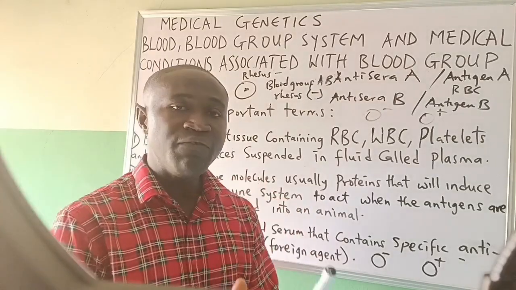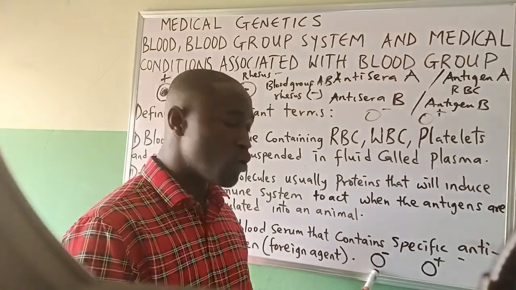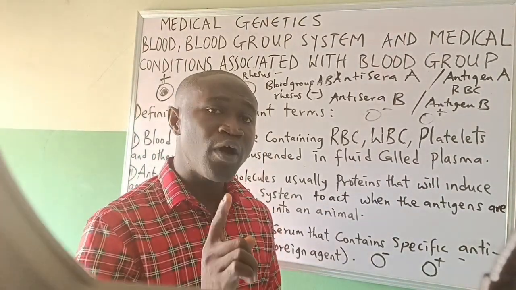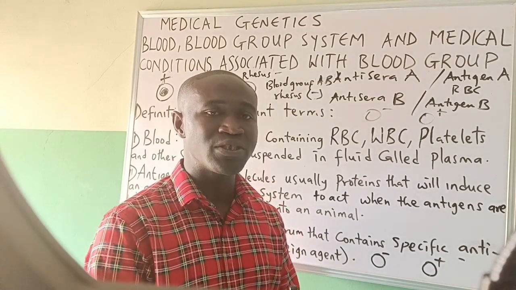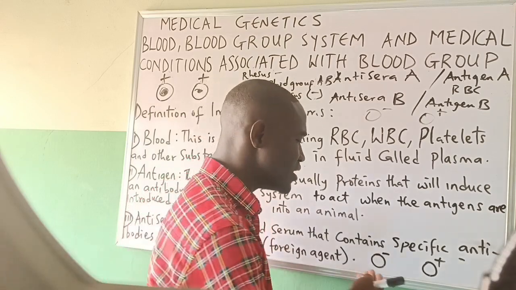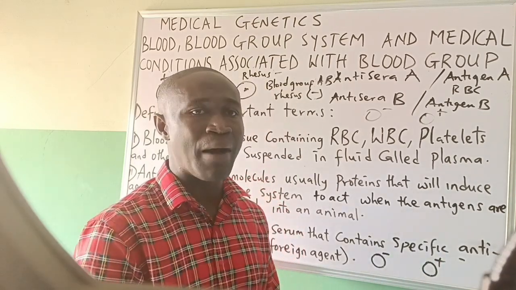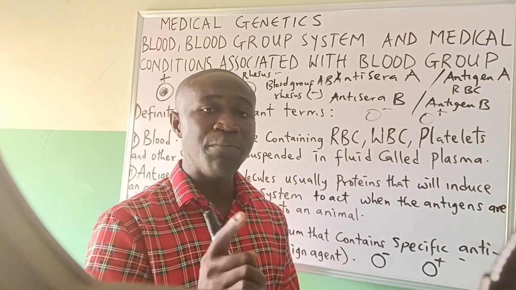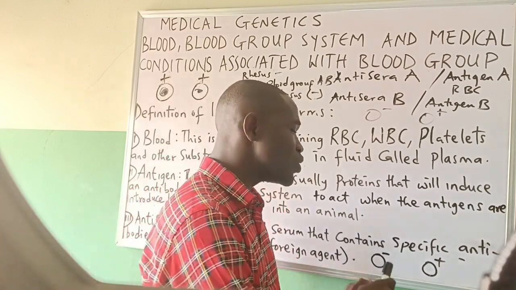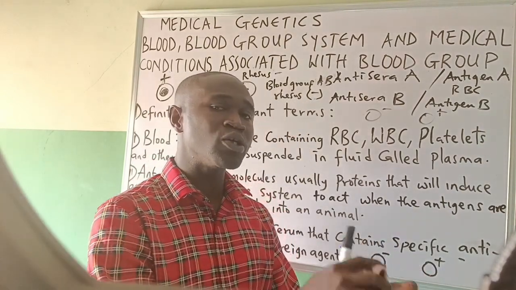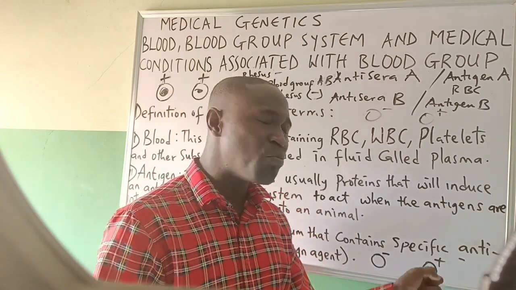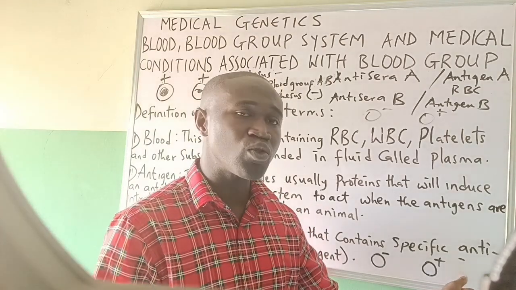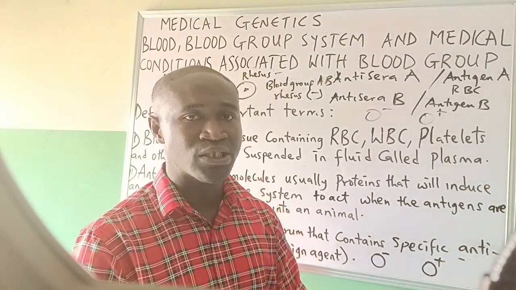Yes, if the pregnant mother with this blood group O negative and the fetus or unborn baby O positive fail to get registered with the hospital so as to be taken care of by administering this drug to counteract the reaction that is going on, the implication is that it will get more and more severe after delivery of the first baby, and as it gets more severe it will result in that disease condition called erythroblastosis fetalis.